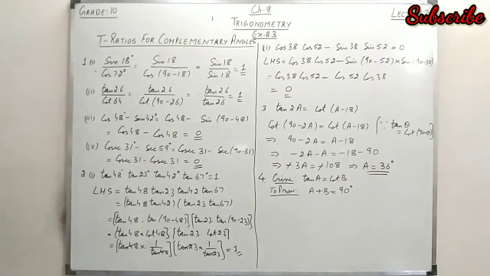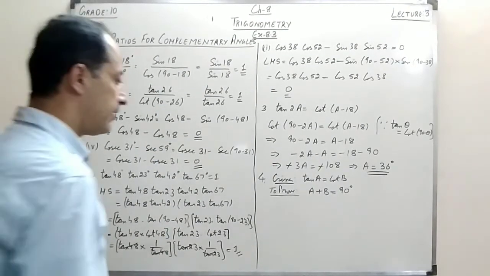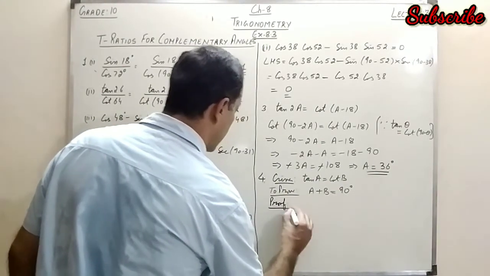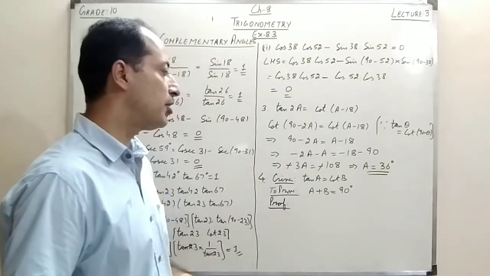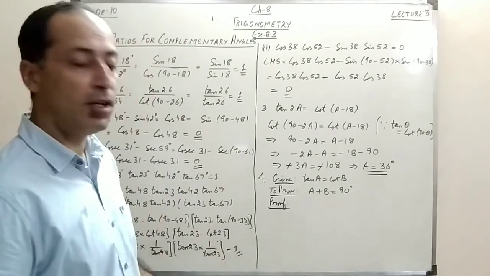Quite simple. This can be done very easily. Now how can we do the proof? It is given that tan A is equal to cot B. As I told you in the previous question, the angles on both sides are equal if the ratios are equal, so we change one of the ratios.